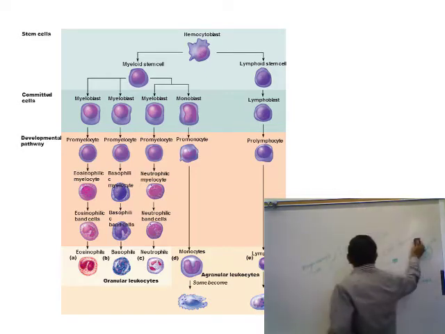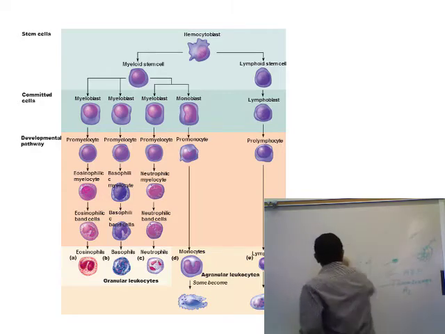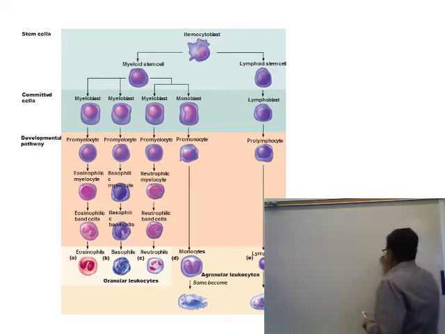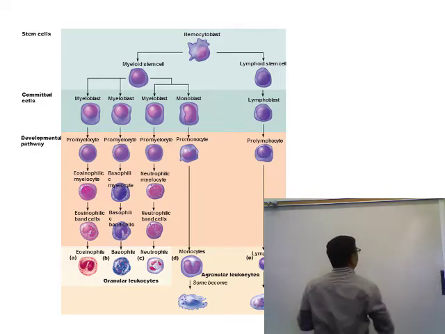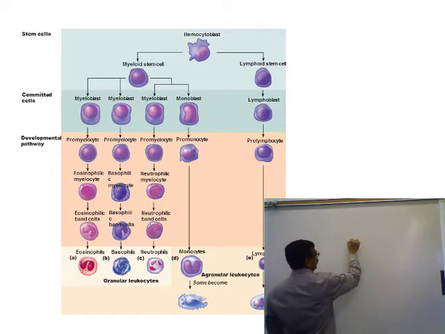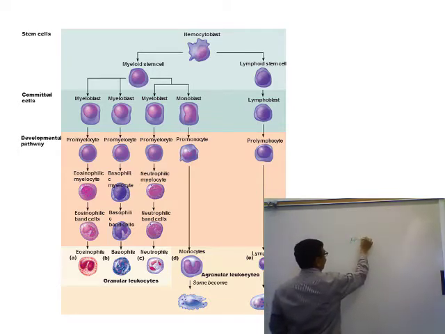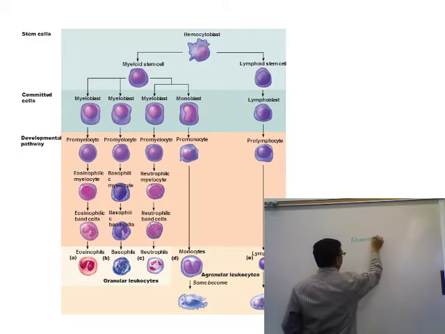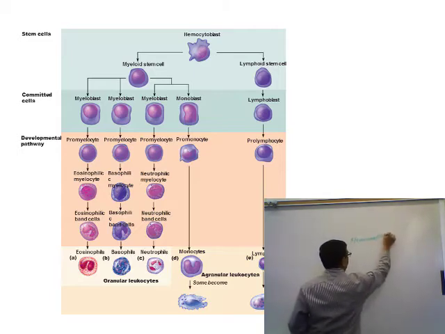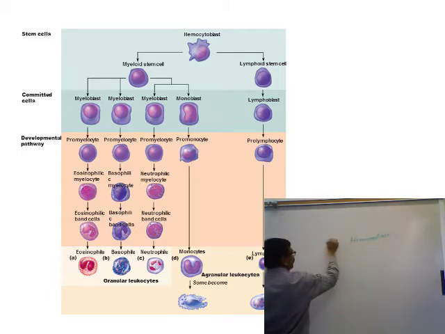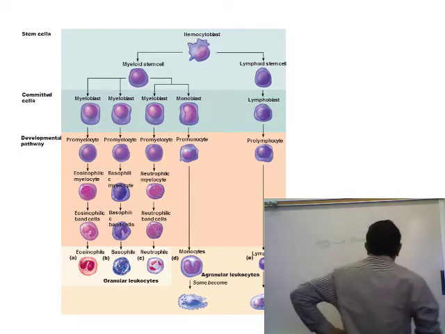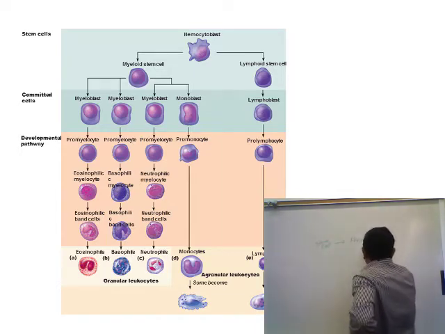So let me write down here so you'll understand better. Hemocytoblast, the pluripotent stem cell, the earliest stage of stem cell, and this can produce any type of blood cells.